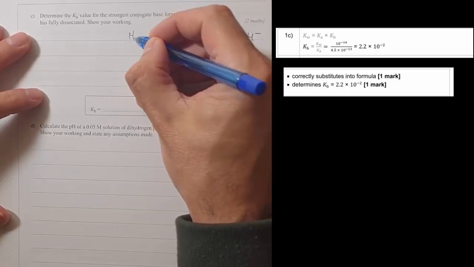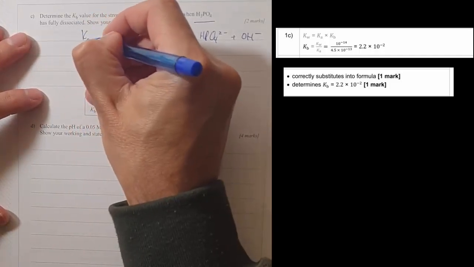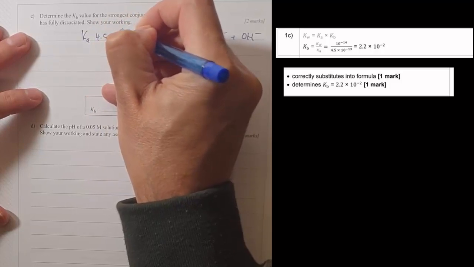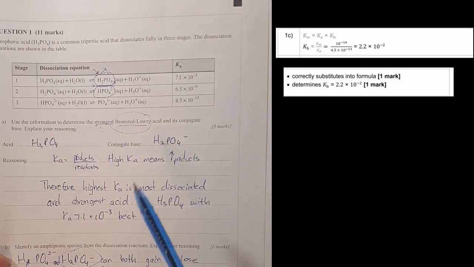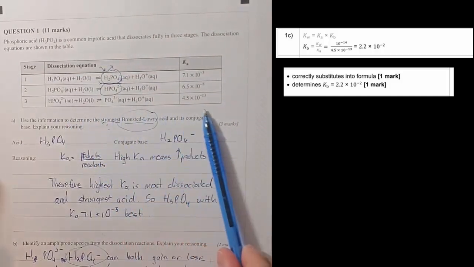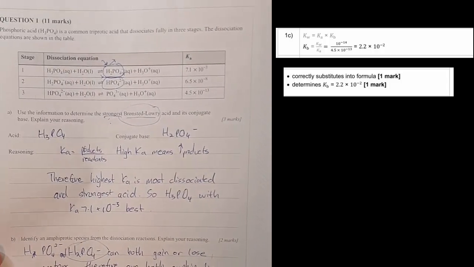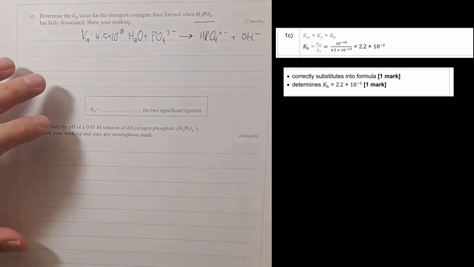So I've got my Ka for that as 4.5 by 10 to the minus 13. That's a little tricky. You can probably appreciate by now I don't trust the writers that they've asked for the right thing, but that seems to be the best thing. Certainly some confusion there.